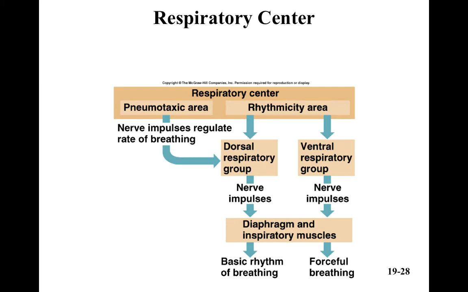In general, both the dorsal respiratory group and the ventral respiratory group function in both rhythm of breathing and forceful breathing. So it's not just that the ventral respiratory group only does forceful breathing. They're actually both involved in those, and that's not so recent research, but there's a lot of evidence to show that they're both involved with both.